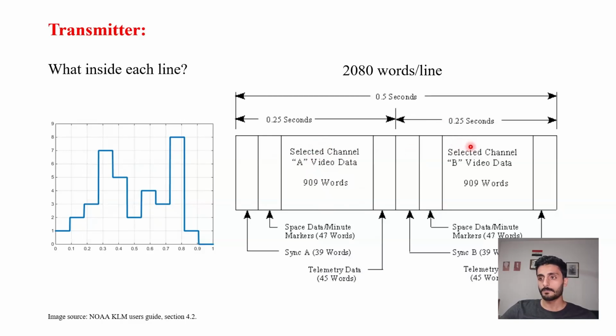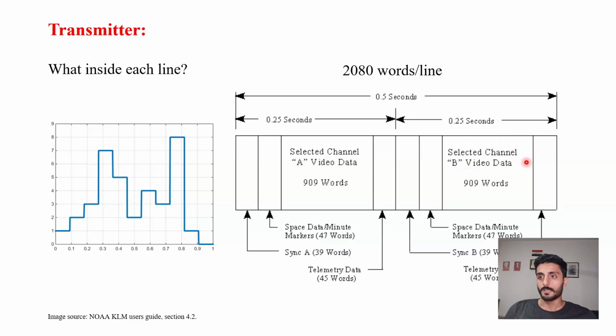Then we have the second channel, here called channel B, which has the information about image B. Channel B also starts with a sync signal. We have some spacing, and then the words about the pixels, the channel B words or channel B pixels. And finally, we also have the telemetry data.